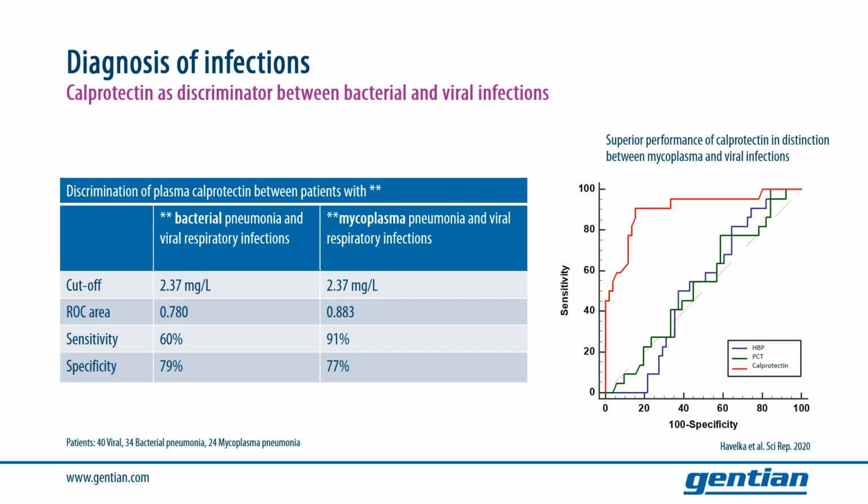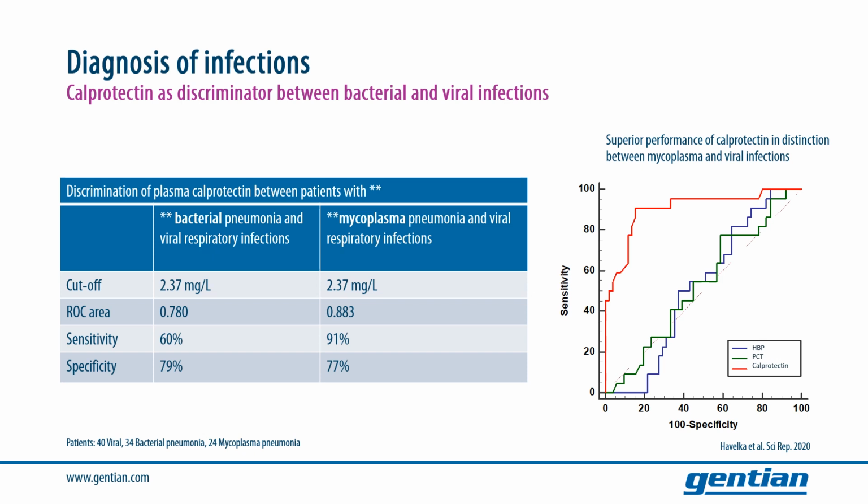But more importantly, the study also demonstrated that calprotectin can be used as a discriminator between bacterial and viral infections, because calprotectin levels mainly increase in bacterial infections. So elevated calprotectin levels can be used to discriminate between viral and bacterial infections with a cutoff of 2.37 mg per liter reported here.